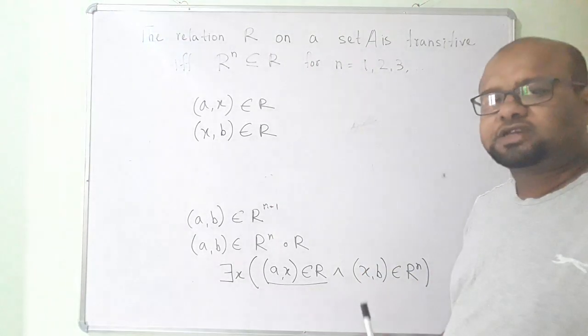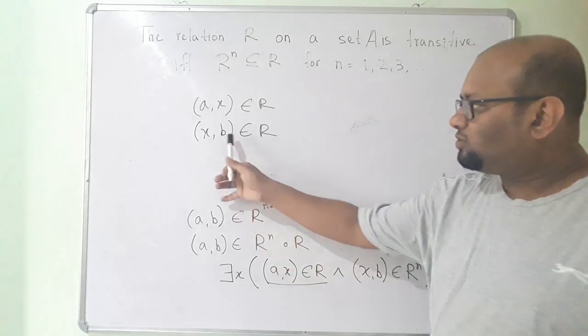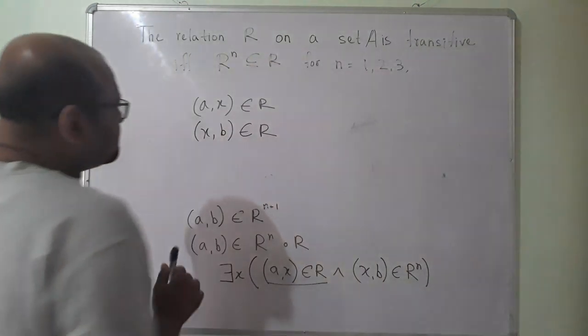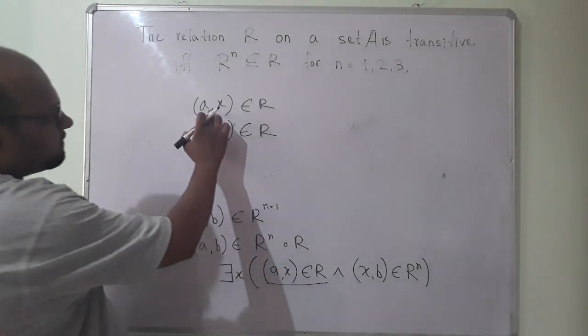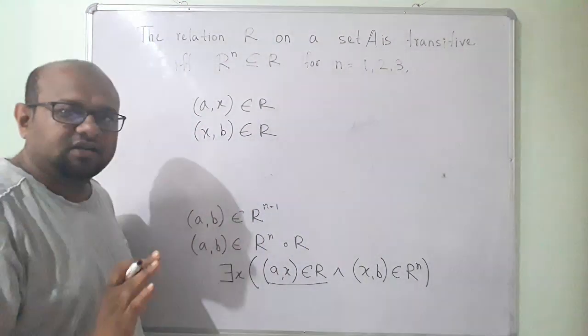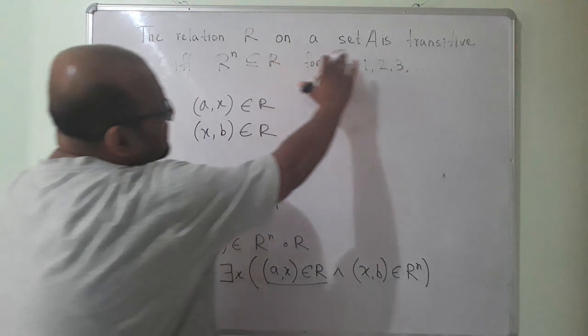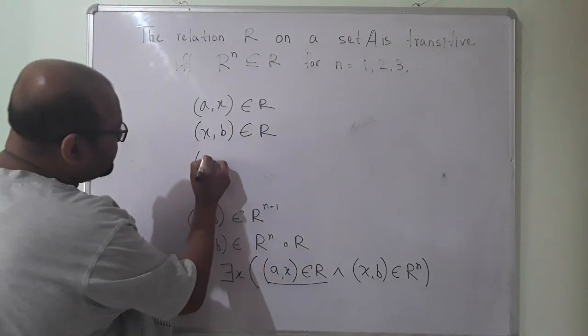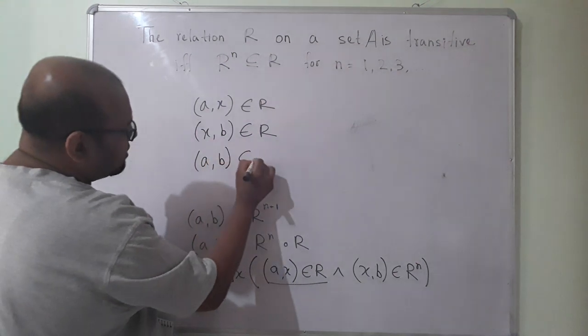Since R^n is a subset of R, this XB would also belong to R. Now, if I have this and this in R, and what is given? R is transitive. So what does that mean? That means AB also belongs to R.